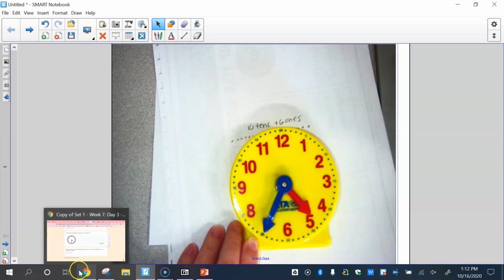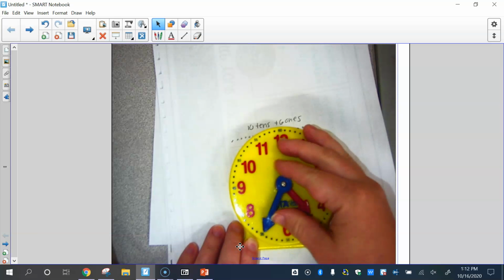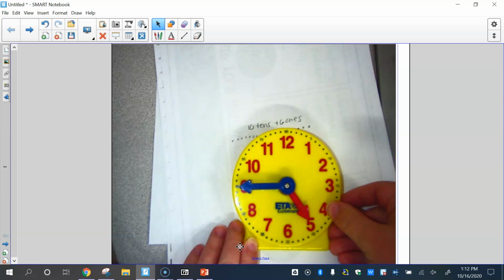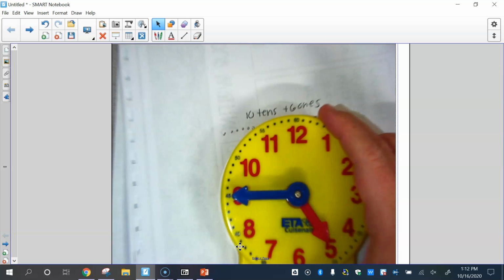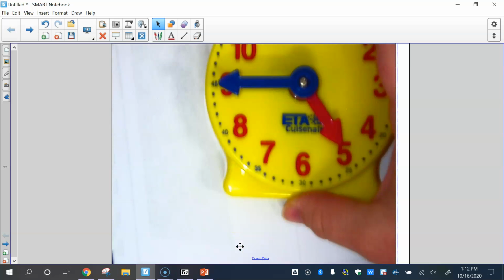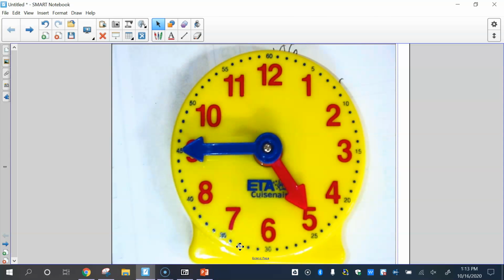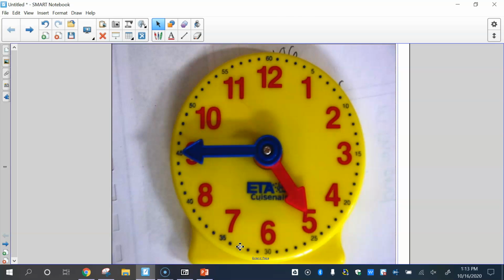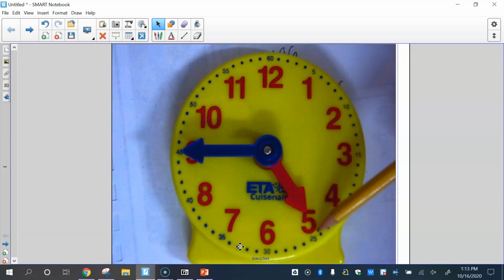And then it says she studied her facts for 10 minutes. So 5, 10. So the little hand, look right here, it's not all the way on the 5 yet.